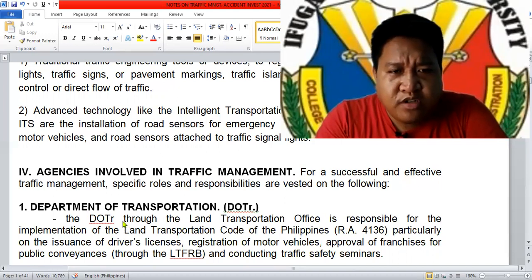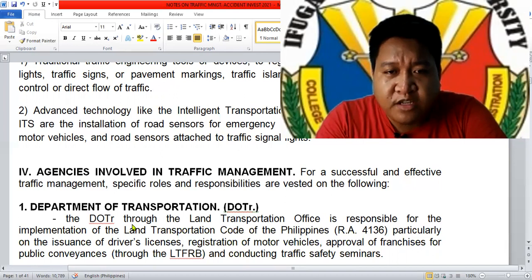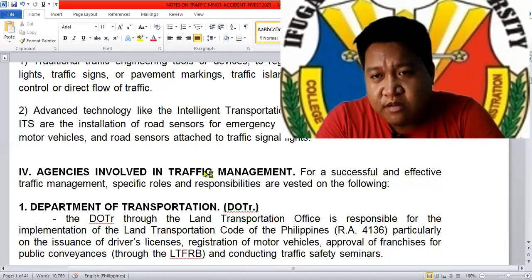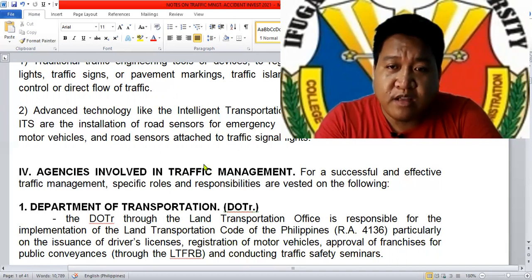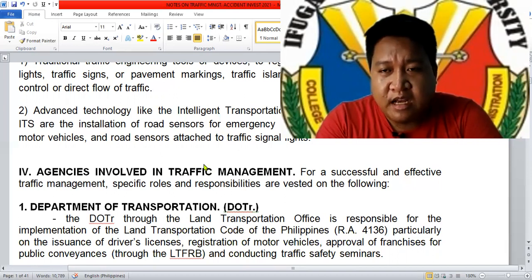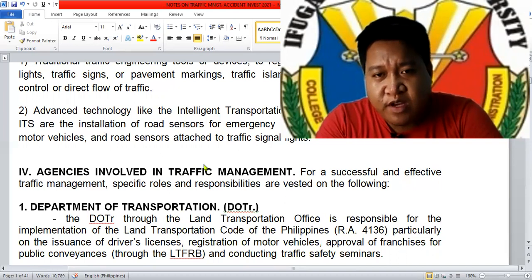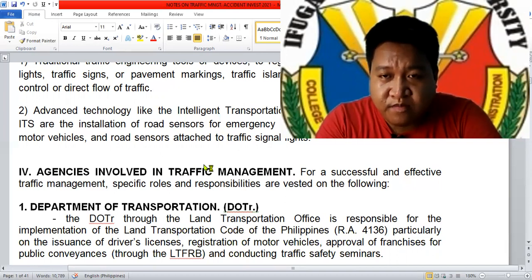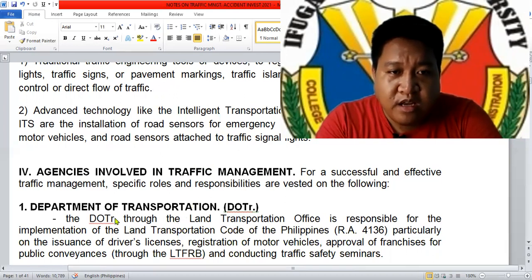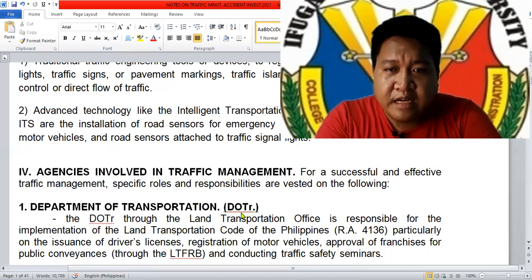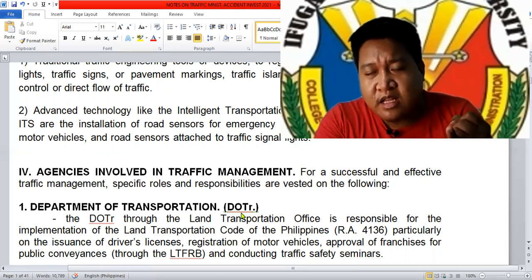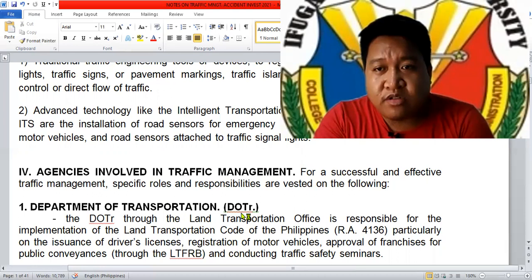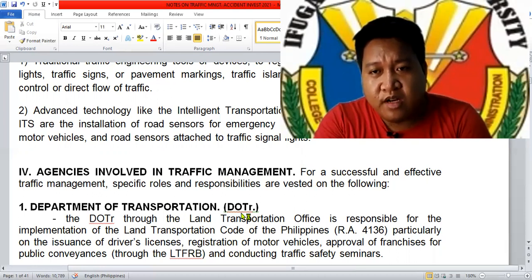Department of Transportation, as far as traffic. Kasi ang pinag-uusapan natin dito is traffic. So again, pag sinabing traffic, it is the movement of vehicles. And when we are talking of vehicles, we are referring to those that are using land transportation. That is why ang sakop ng DOTR is kasali din ang PCG or the Philippine Coast Guard.